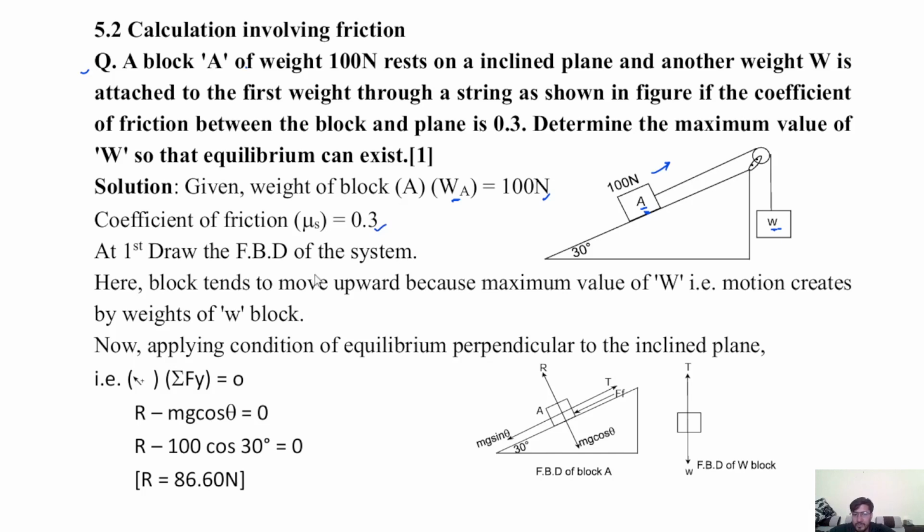At first, draw the free body diagram of the given system. Here the block tends to move upward because of the maximum value of W, meaning motion is created by the weight W block.